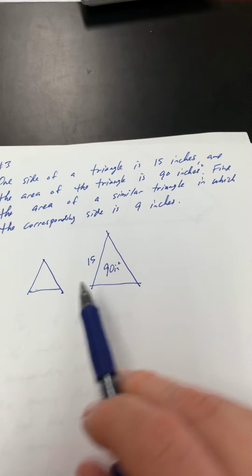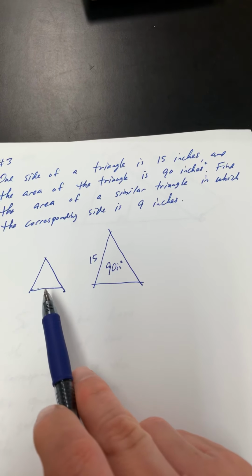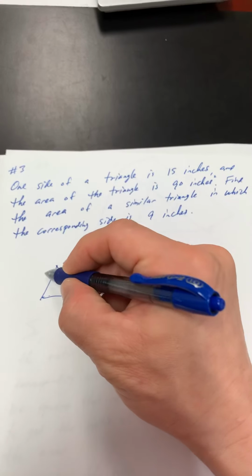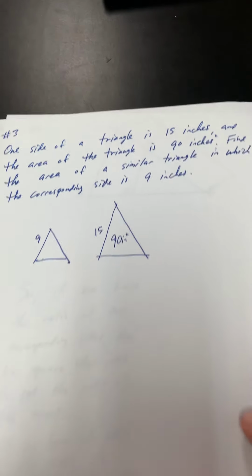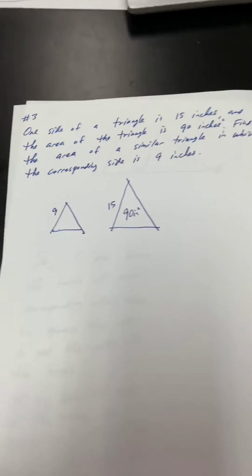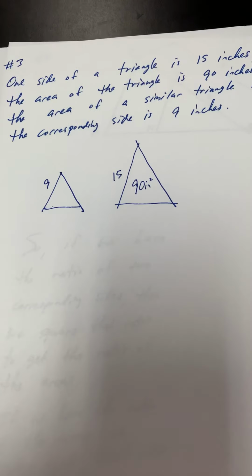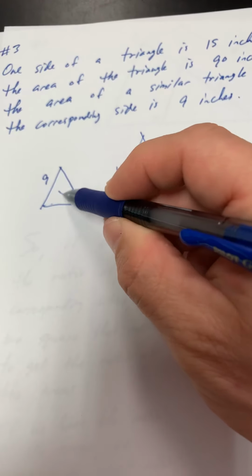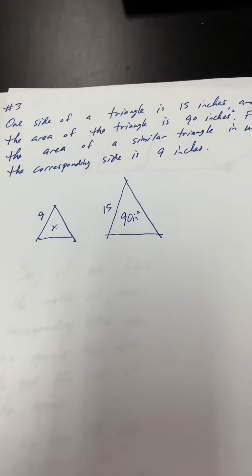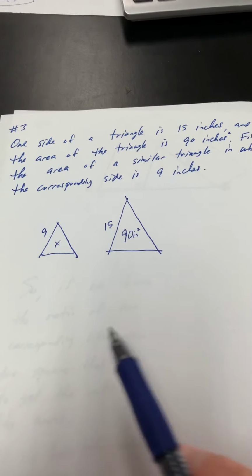Find the area of a similar triangle in which the corresponding side is 9 inches. So this is what we're trying to find right here, the area of this triangle right here.